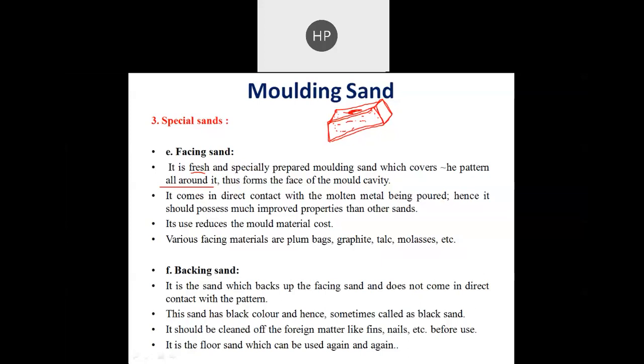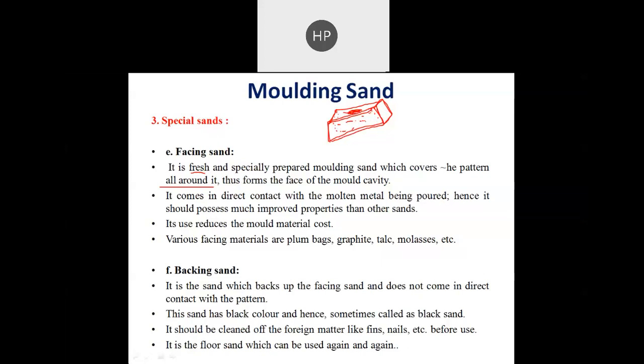So what we are doing here is using a fresh sand all around the pattern.